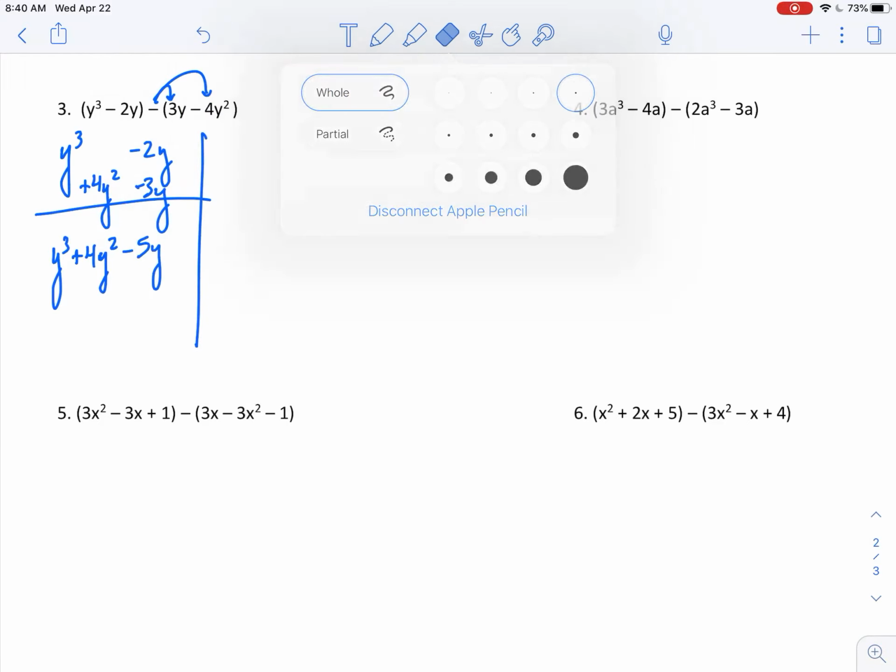So the y cubed has no other like terms, so that's just y cubed. 4y squared has no like terms, and then negative 2y and negative 3y become negative 5y.